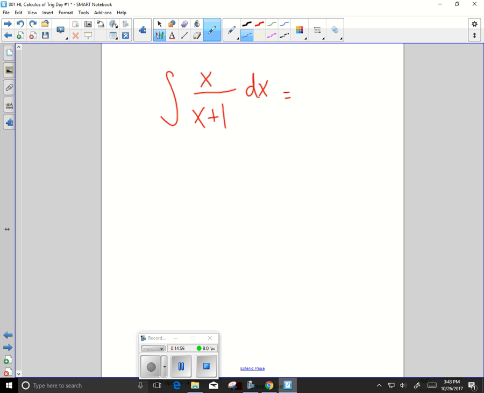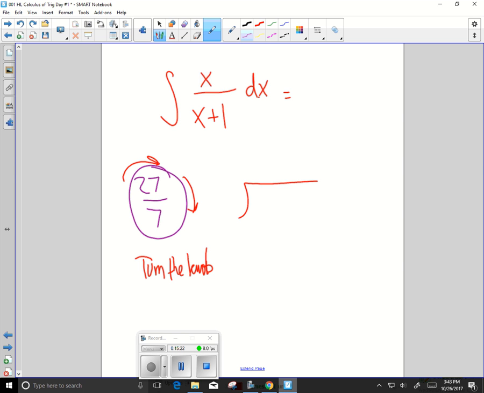And the way you do it is, what is 27 over 7? Well, you think of this as a doorknob, and I call this turn the knob. I know, strange. You turn the knob this way, and when you turn the knob, the 27 falls in here, and the 7 stays out here.